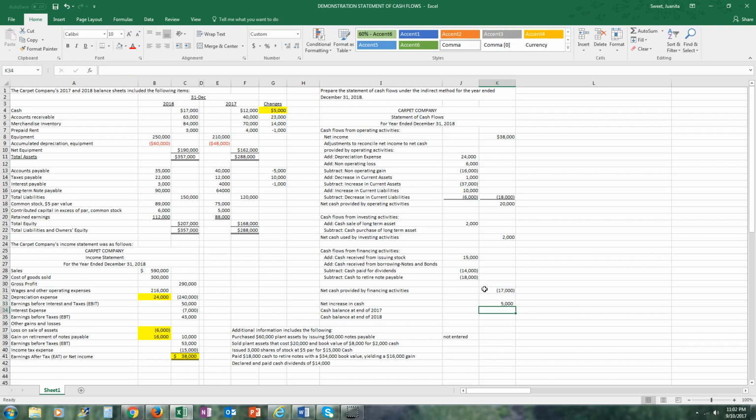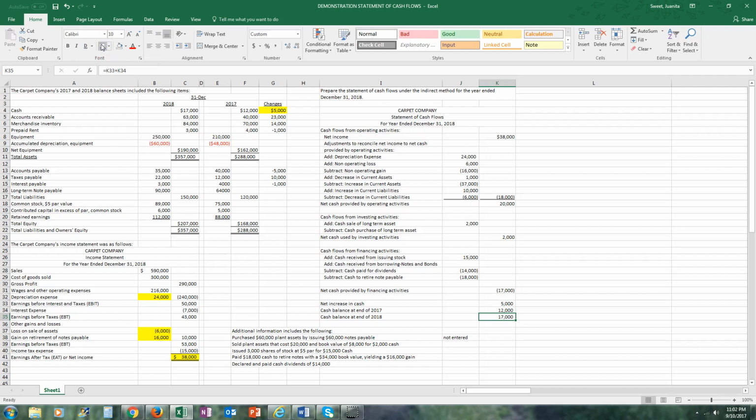We have our $5,000. So our beginning cash balance was $12,000, and our ending cash balance, we're just doing a proof of it here, is indeed the $17,000. We're balanced. That's a complete cash flow statement. This right here would be notes attached to the statement saying that we had a non-cash investing and financing activity for $60,000.